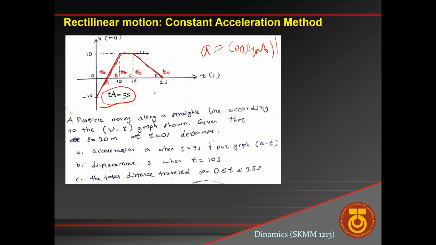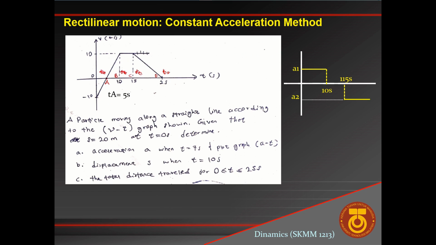Even though we don't know the value of the acceleration, we can already predict it. The velocity increases steadily, so we should have a constant positive acceleration. Then constant velocity means the acceleration will be 0, and when the velocity decreases, the acceleration will be a constant negative value. So this is our prediction for the acceleration.